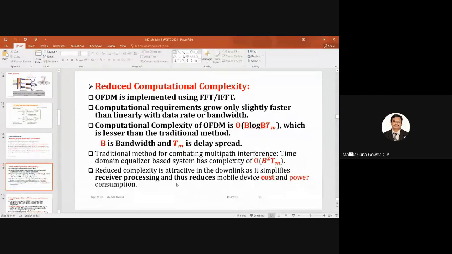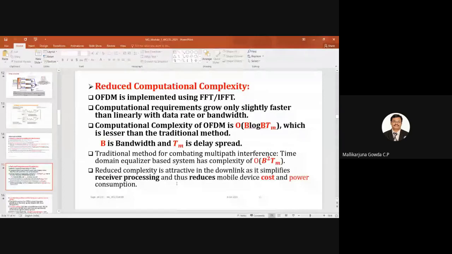If we use the conventional method of combating the multipath interference, that is the time domain equalizer, that system has a complexity of O of B squared into Tm. If you use the FFT and IFFT for combating it, that is the OFDM implementation, the computational complexity is reduced to O of B log B into Tm, where B is the bandwidth and Tm is the delay spread. That computational complexity will be much lesser than the conventional method.